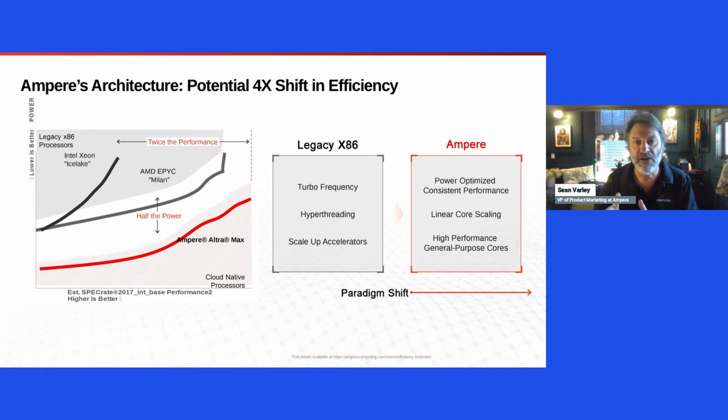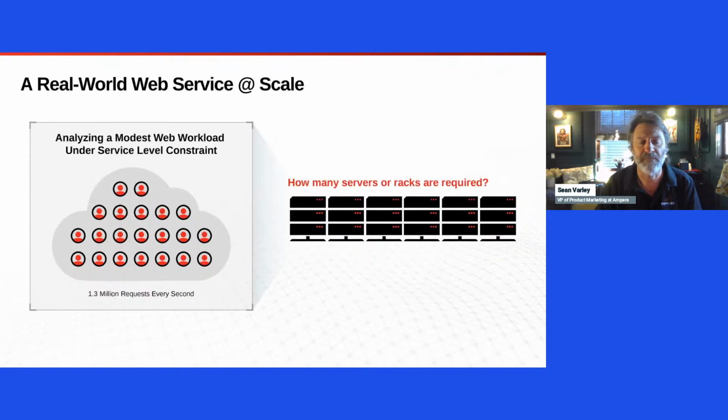This gives you linear scaling, and there's almost no variance, no noisy neighbor, no congestion that gets in the way of fully utilizing a core to its capacity. This gives very predictable performance and allows for very, very high performance at a low power. That is essentially the value proposition of an Ampere processor.